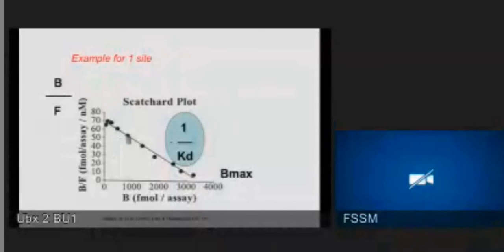So you can start to plot the Scatchard plot. Normally it gives you something like a straight line, and the slope of the straight line corresponds to minus 1 over KD. Sorry. So this is the best way to obtain the KD.